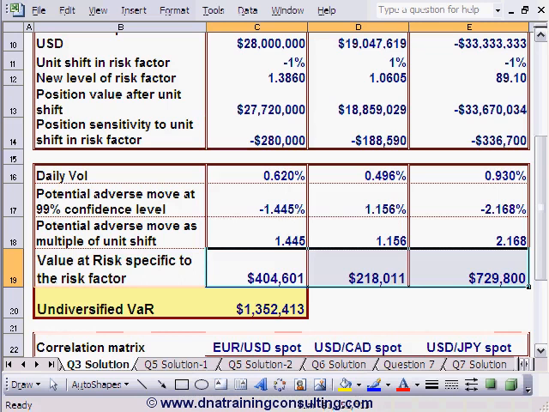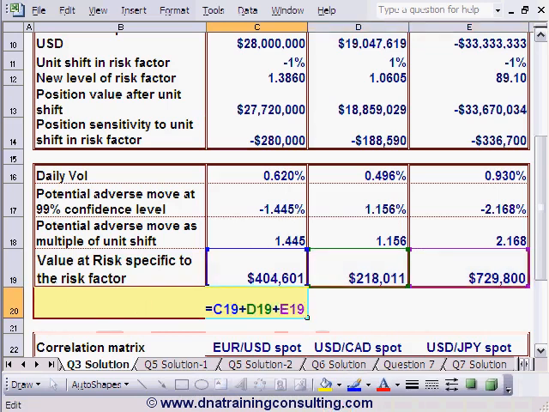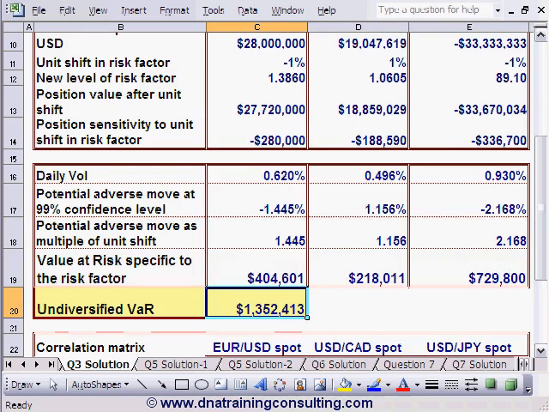The undiversified VAR is calculated in cell C20 as simply the sum of individual VARs, revealing an answer of 1,352,413.